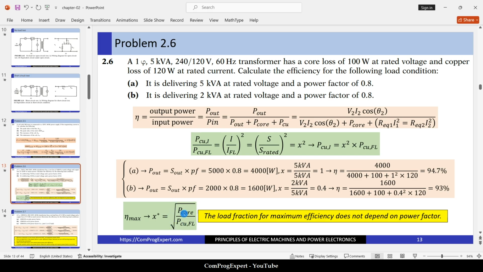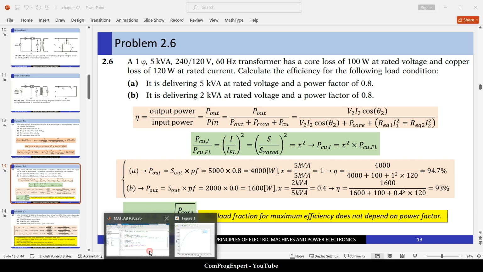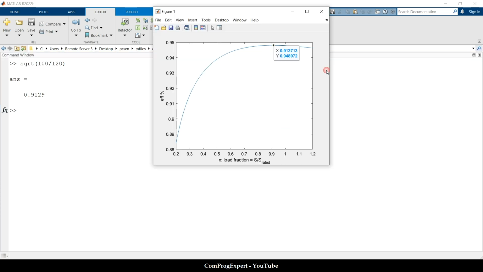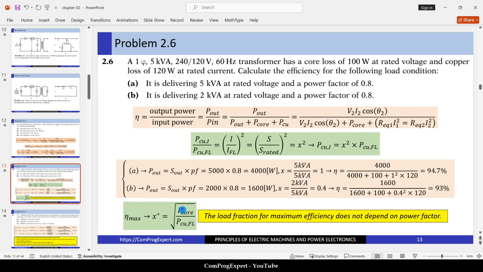This is the square root of the core loss divided by the rated value of the copper loss, the load fraction where we get the maximum efficiency. So if I write square root of 100, that is the core loss, divided by 120, we get 0.912. Yes, this point. You can remember this important equation.